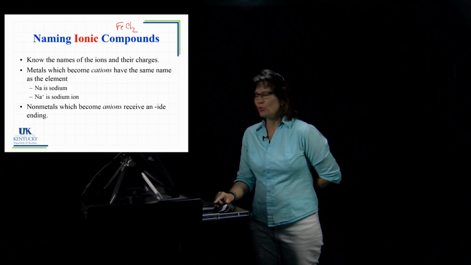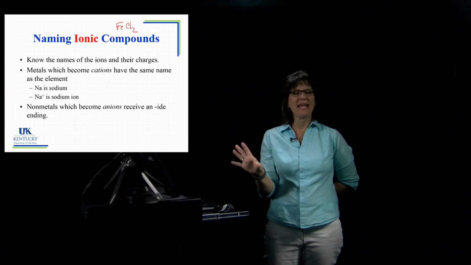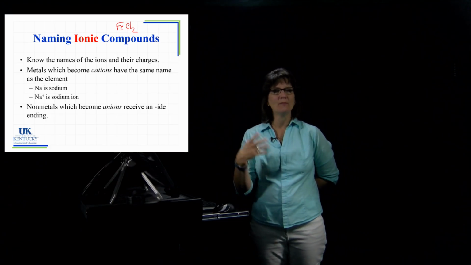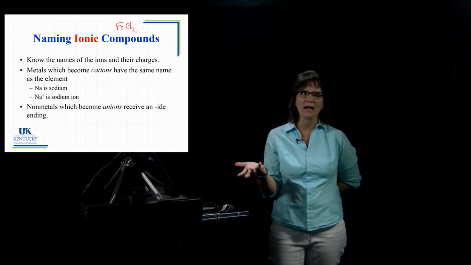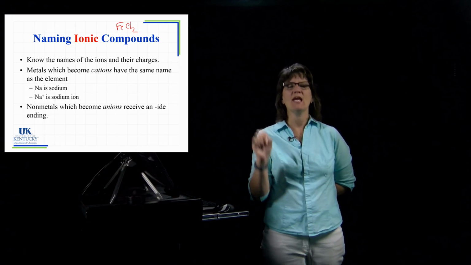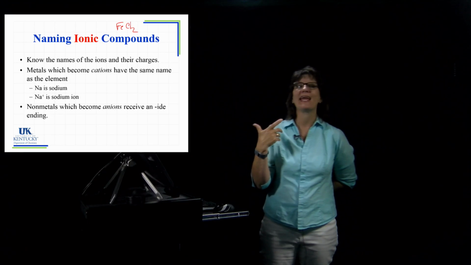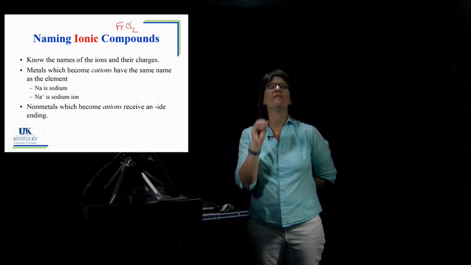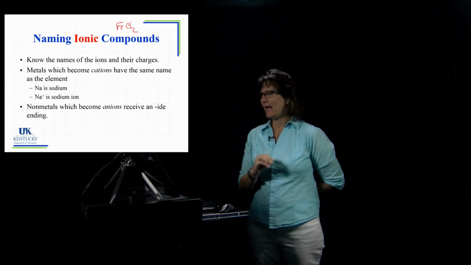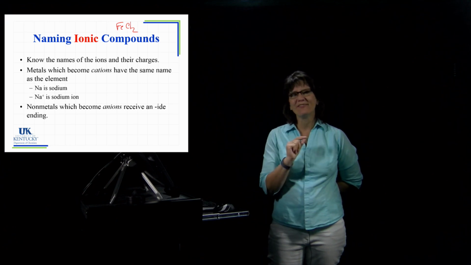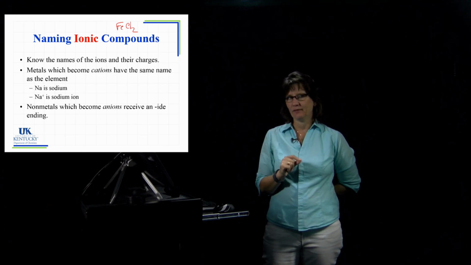The second rule deals with naming the anions. If it's a nonmetal, it becomes an anion. We're not talking our polyatomic ions where we've memorized names. If it's a nonmetal that has become an anion, then what you do is give it an IDE ending.